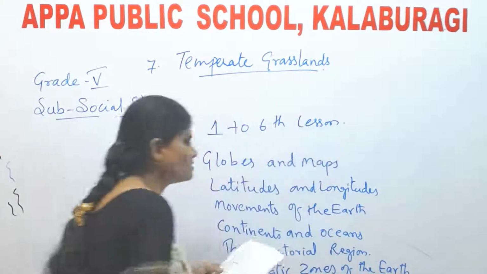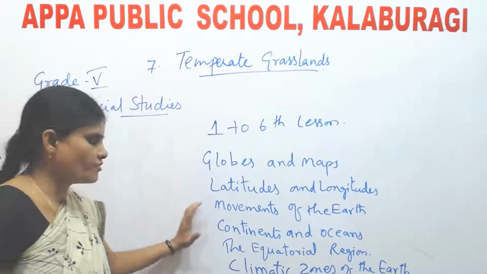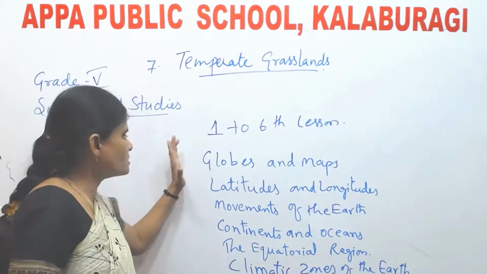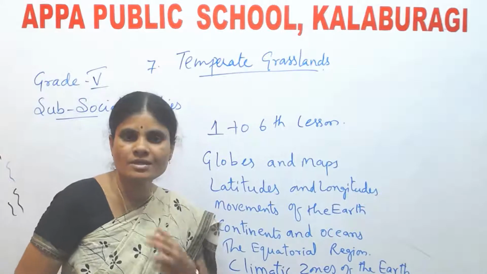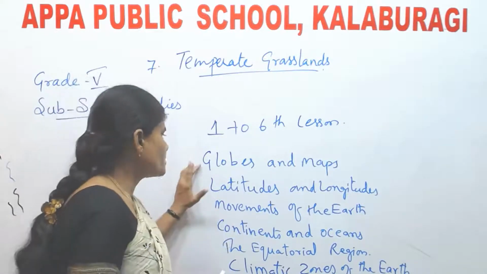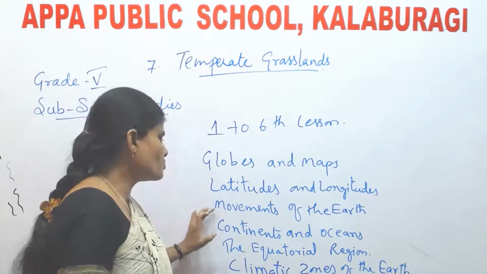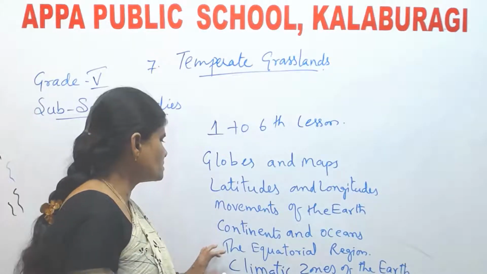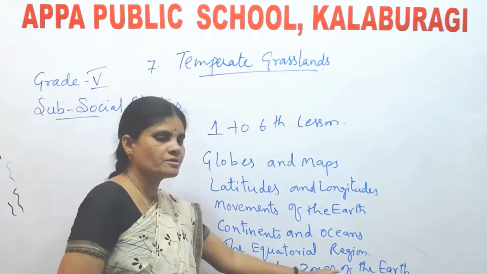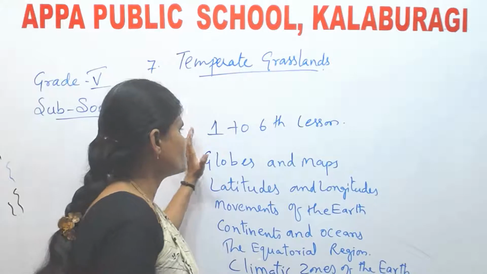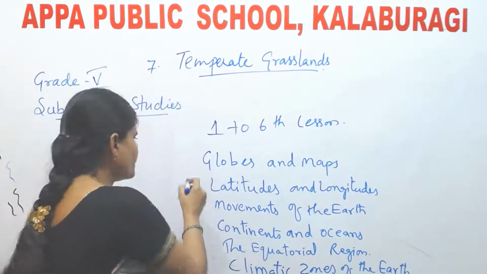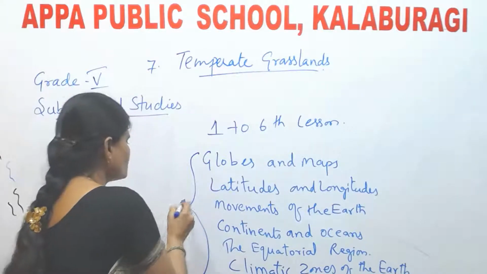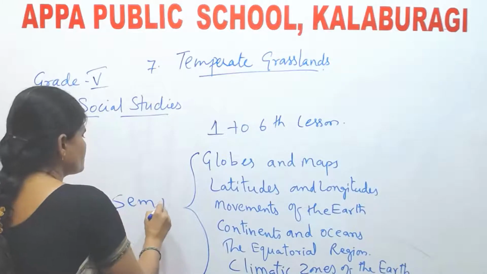Okay. See, these are the lessons we have finished for summative assessment 1, that means sem 1. Globes and maps, latitudes and longitudes, movements of the earth, continents and oceans, the equatorial region, and the climatic zones of the earth. These lessons were completed for sem 1.